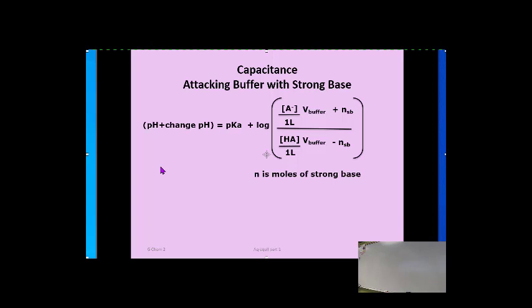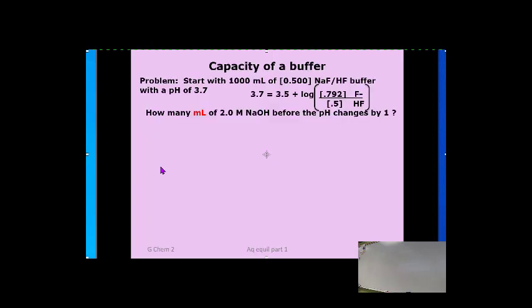The pH plus change in pH is pKa plus log of the original concentration times the volume of buffer you've added, over the volume you have, plus the N, the moles of this, minus the moles of that. So this basically could work the problem.